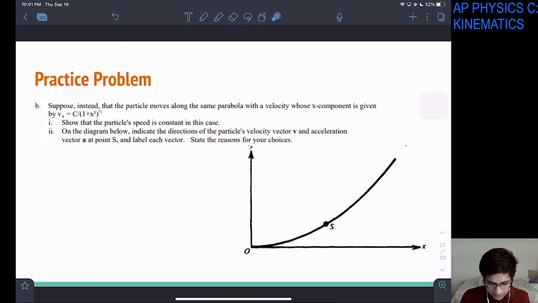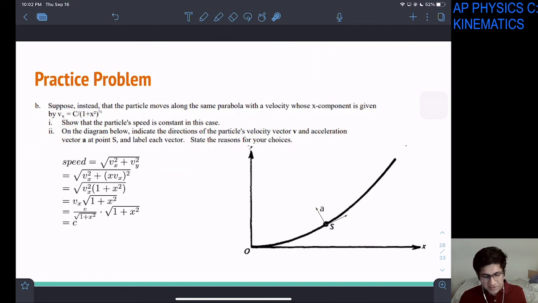And then it says on the diagram, indicate the particle's velocity and the acceleration vector, and justify it. All right, so our speed is the magnitude of our velocity vector. It's the square root of the x component squared and the y component squared. Our x component is just vx squared.